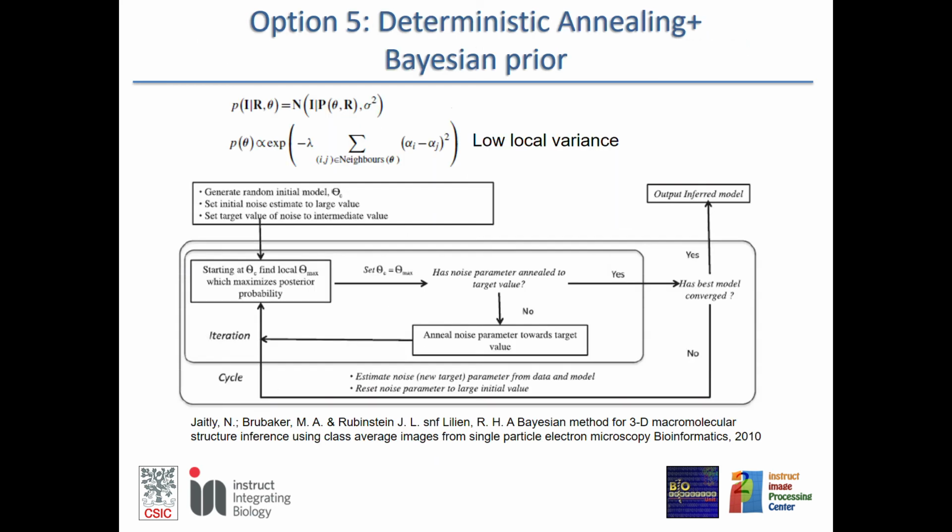There have been other variations on this. For instance, deterministic annealing with some Bayesian prior, and you have the details in this paper.